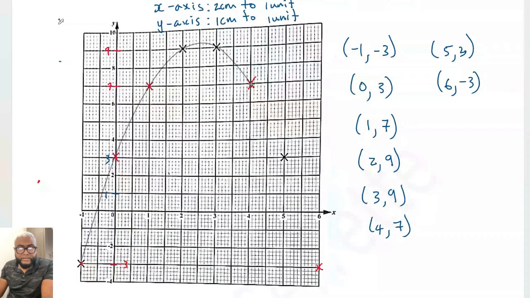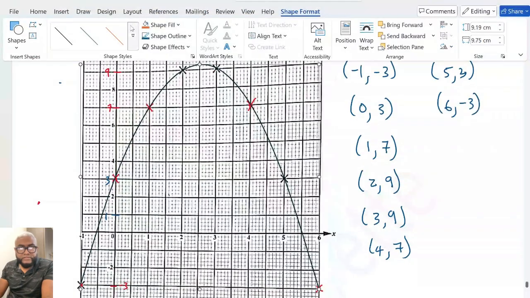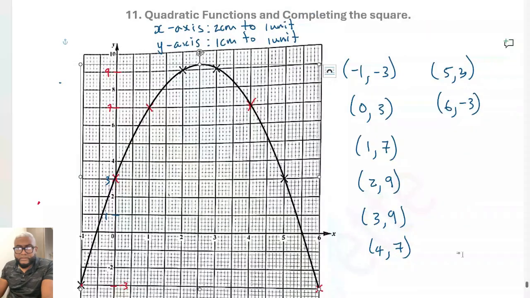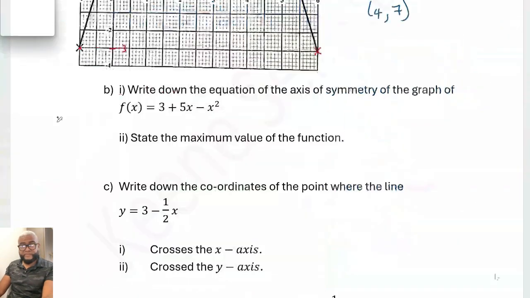Bang. Right. Everybody good here? Right. It's a maximum curve. You got it, Daryl?